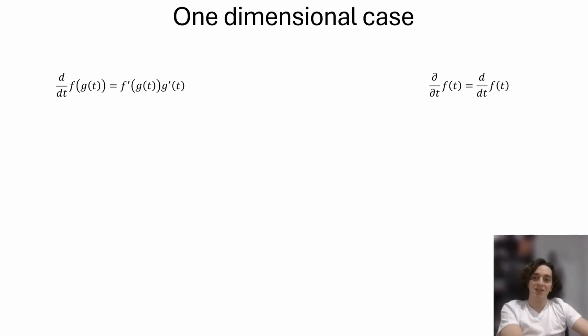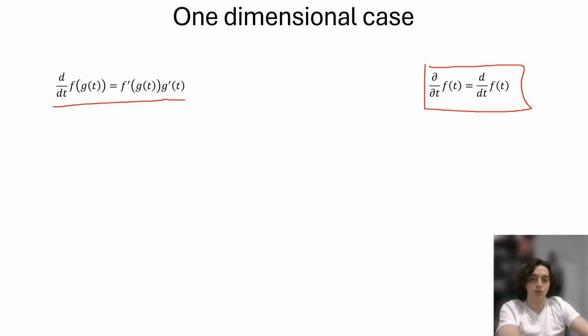Before jumping into the higher dimensional cases, let's first consider the one-dimensional case, just to get our foot on the pedal. Really, it just simplifies to the regular chain rule. And here's an important fact, something that I'll use pretty often: I'll use these symbols interchangeably.